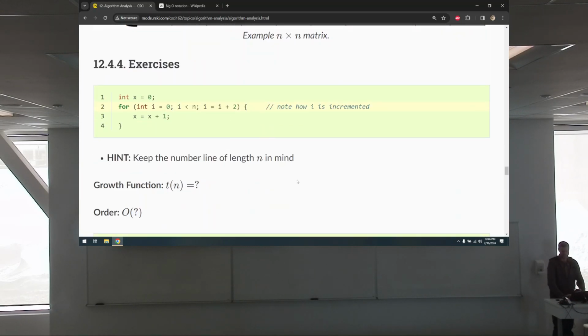But what's this one? Look at the code carefully. Just give everyone a chance.